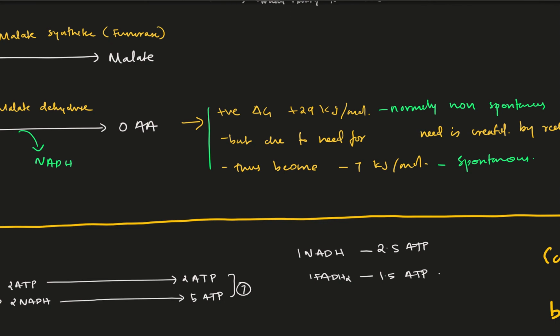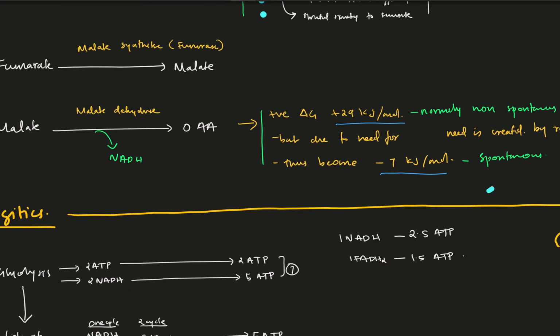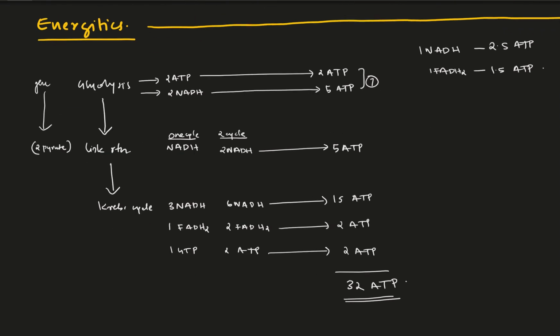This plus 27 to -7 transition occurs due to that reduction in oxaloacetate, and thus this reaction becomes spontaneous.